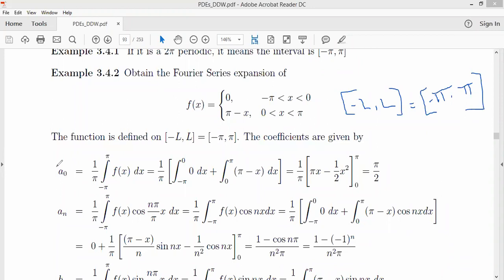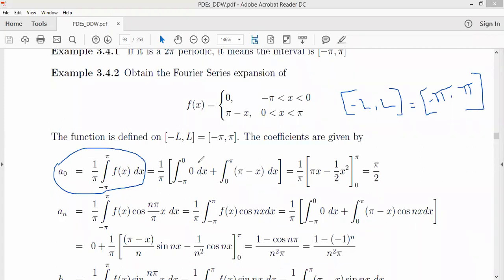So our a0, by definition, is given by this. We know our f(x), but remember the f(x) is 0 on part of the interval. When you expand this, given that the function is piecewise, we factor out 1 over pi into a bracket.